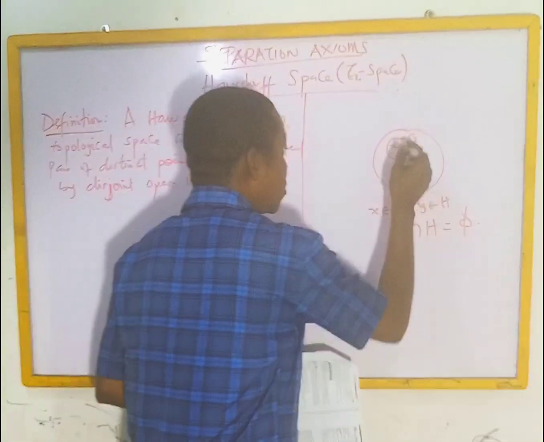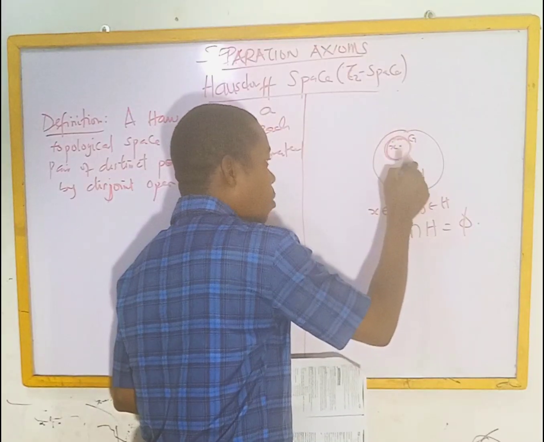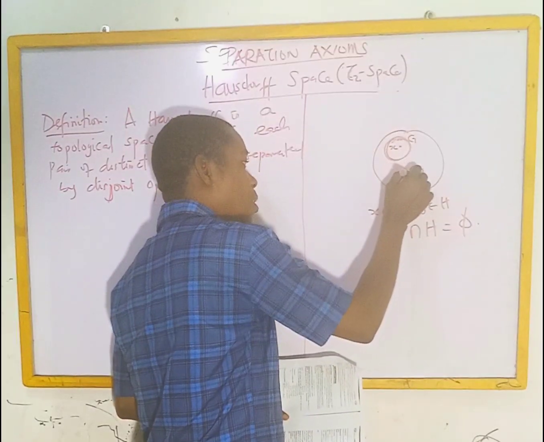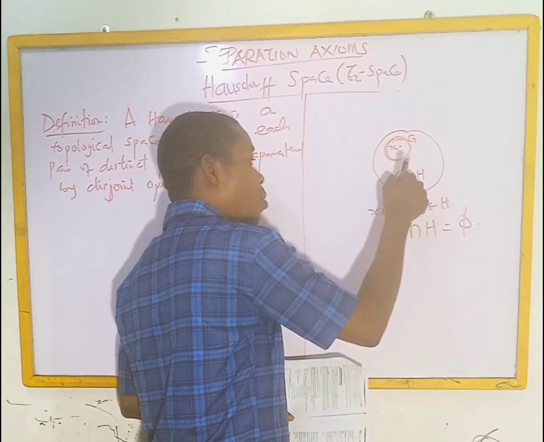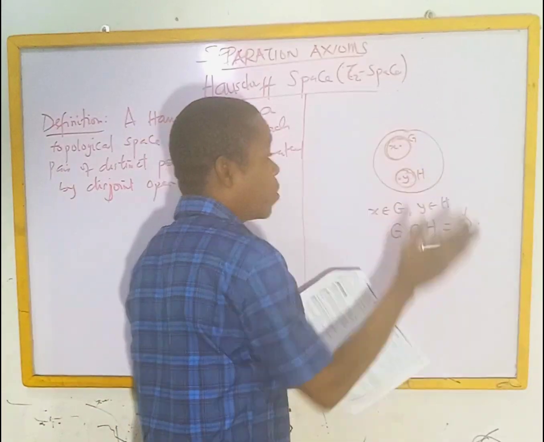Look at this: this is an open set G that carries a point x, and this is another open set H that carries a point y. You can see that both of them are disjoint, with no point of intersection.